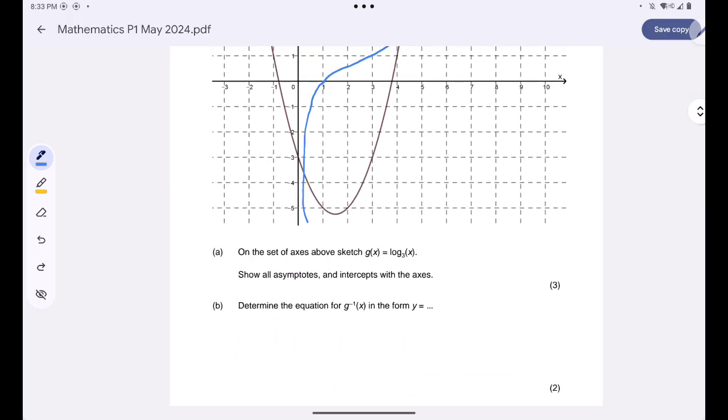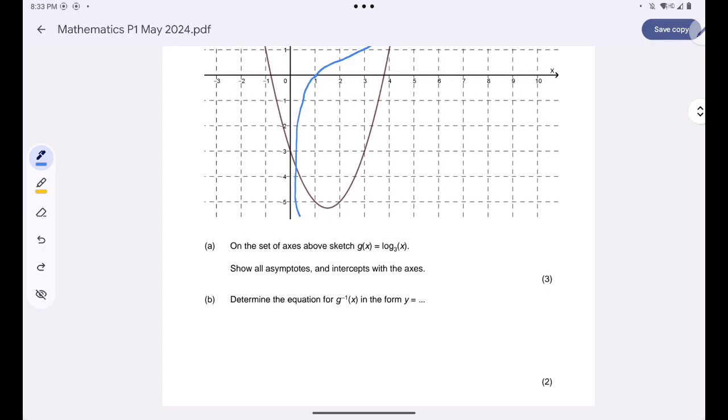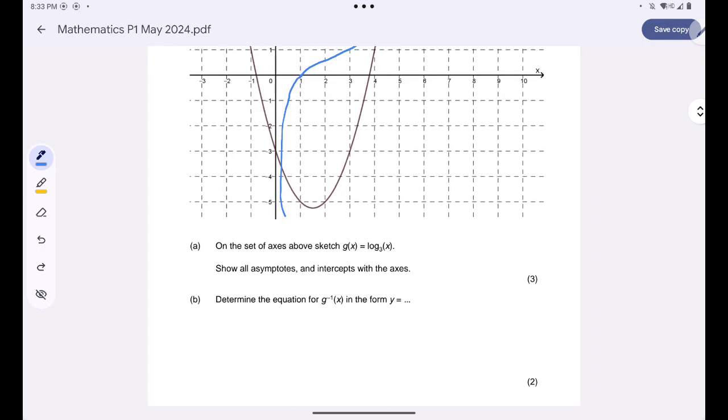I'm supposed to determine the equation of the inverse of g. Remember, I don't care what kind of graph you have, but whenever they say find the equation of the inverse, you must reflect your graph on the line y is equal to x, which simply means that whenever you see x, you substitute a y, and vice versa. In this case, g of x is equal to log x base 3.